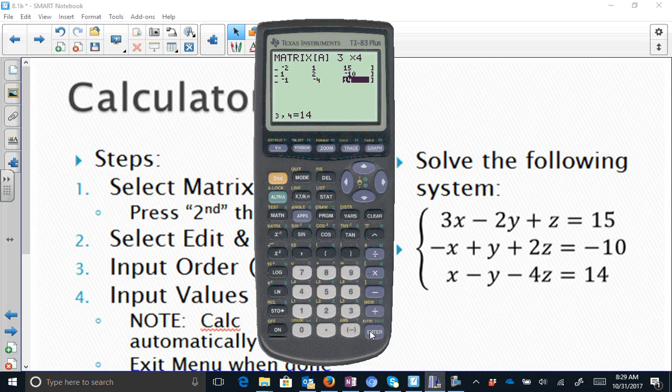Your calculators are wonderful. The longest process is going to be typing in all of these numbers.